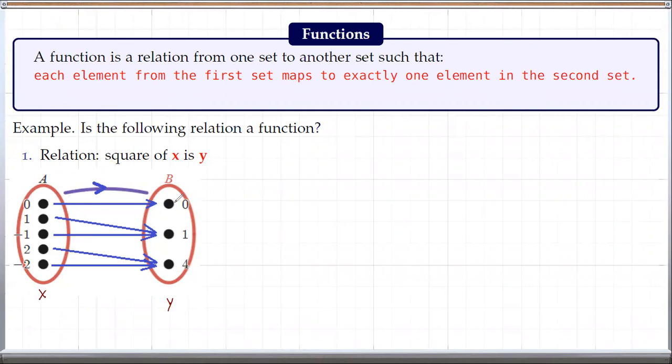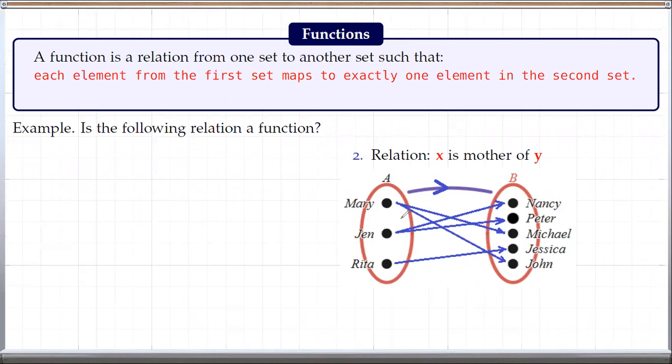So 0 is being mapped to just one element 0, 1 is being mapped to just one element 1, -1 is being mapped to just one element 1, and the same thing with 2 and -2, they are being mapped to just one element 4. So there is no x value that maps to two elements. There is no x value that maps to two y values. So this is a function.